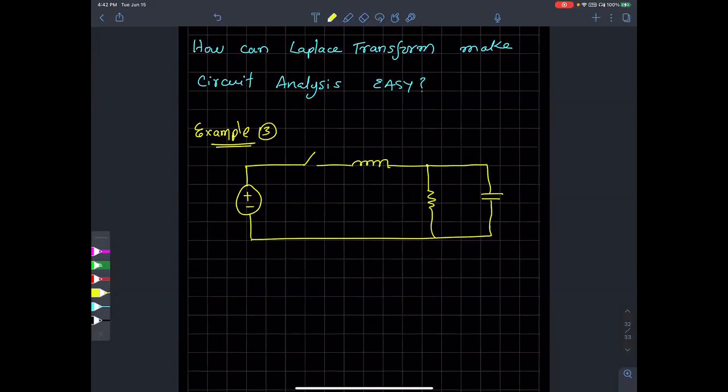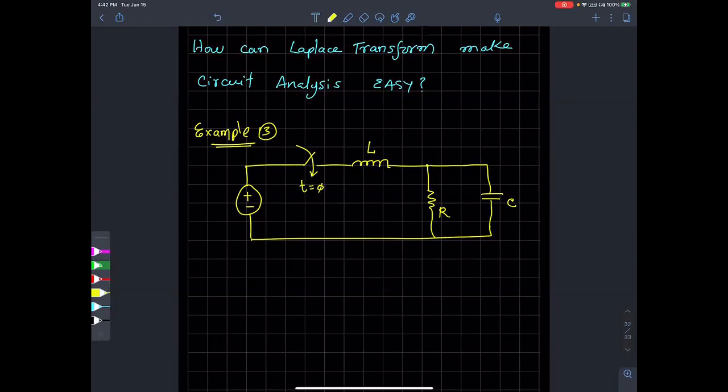The inductance value is L, the resistance is R, capacitance is C. Okay, and then there is a switch here. The switch is on at t equals 0, and it stays on.